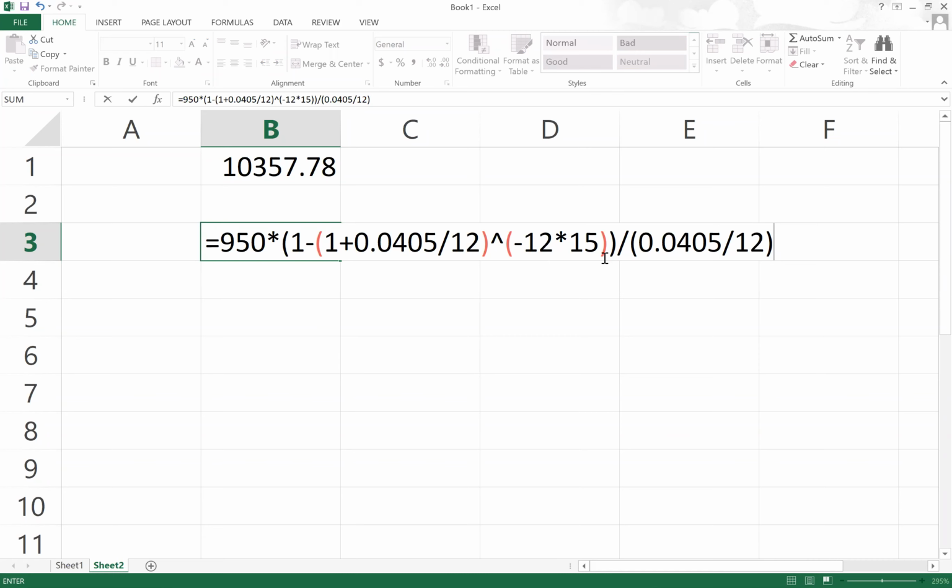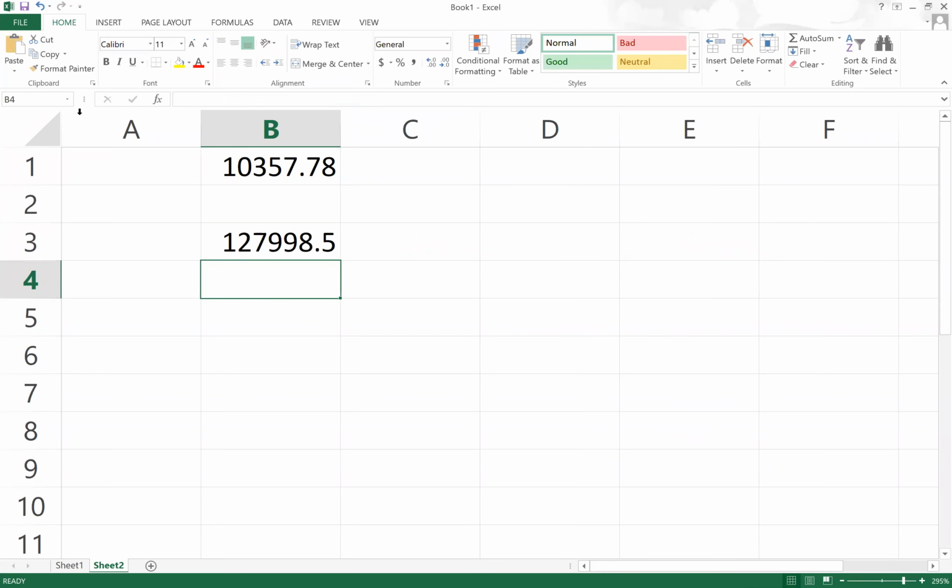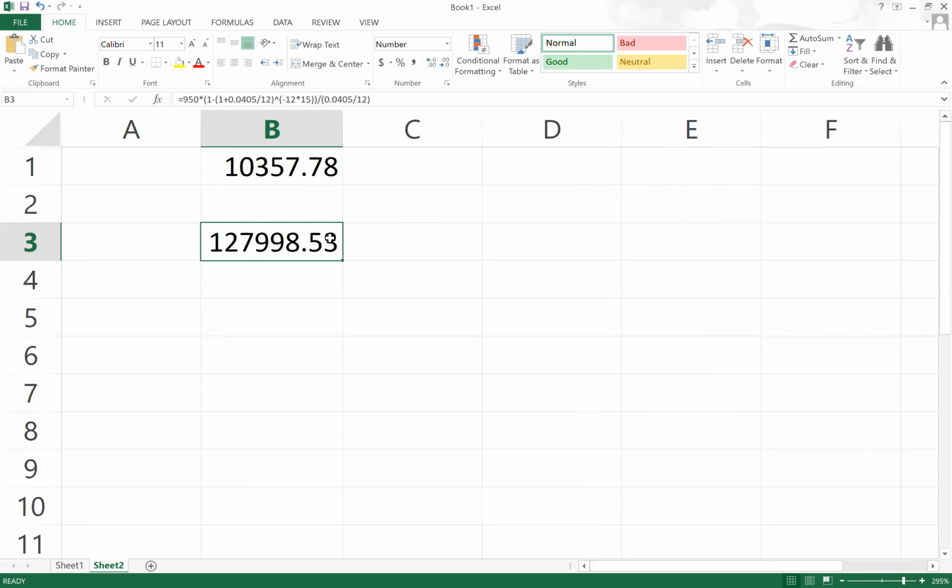Okay, now let's enter, and the result turned out to be this, and we want 2 decimal places because we're talking about money, right? So it's $127,998.53. That gives you an idea how much borrowing power you have in this particular scenario.